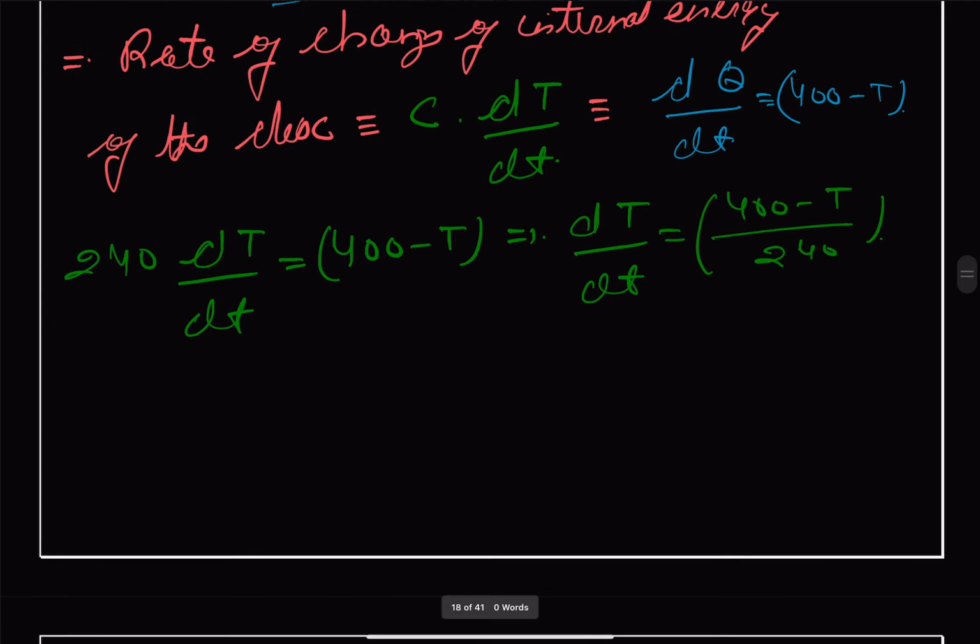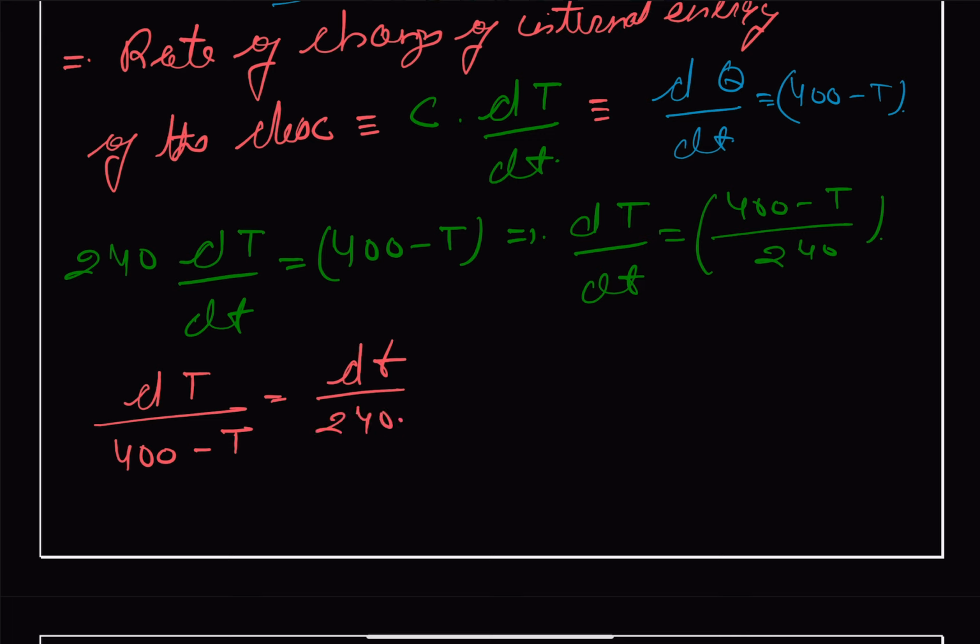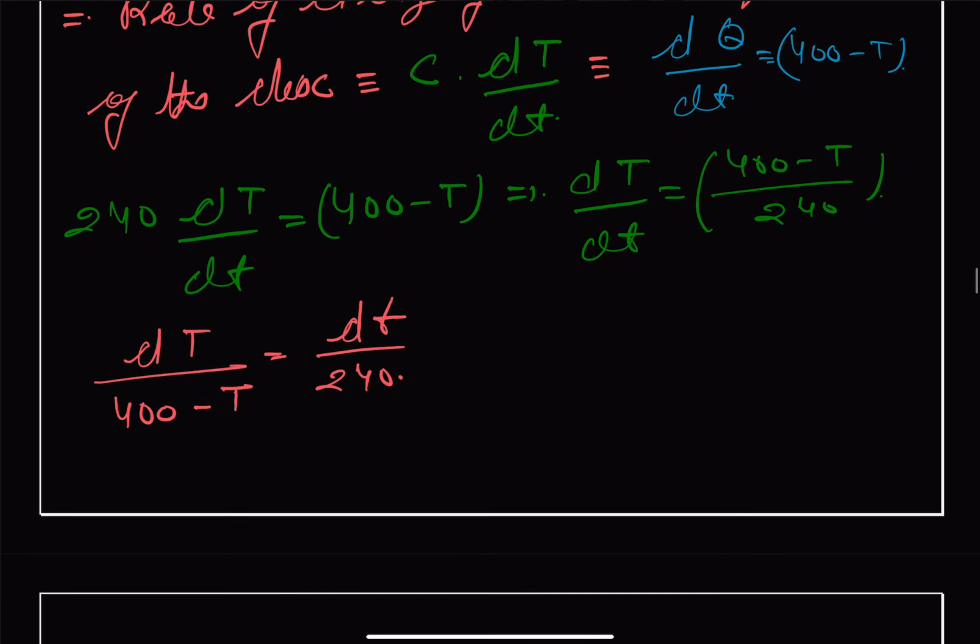So we can write this as dT by 400 minus T is equal to dt upon 240, and we have to integrate.